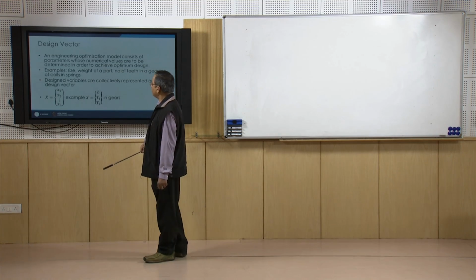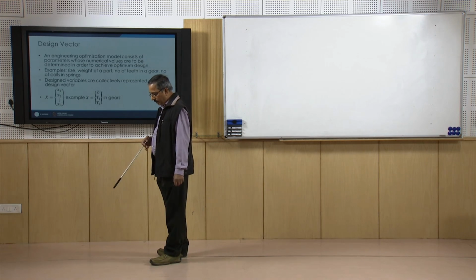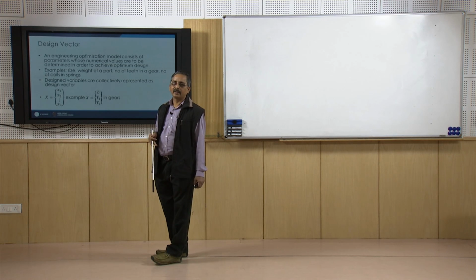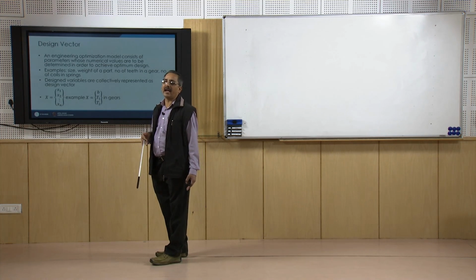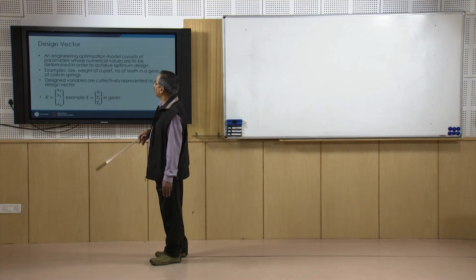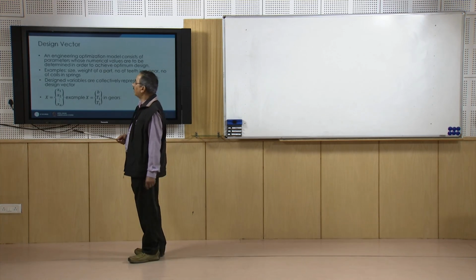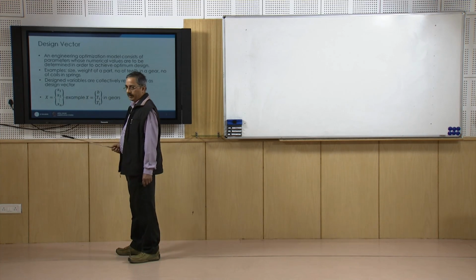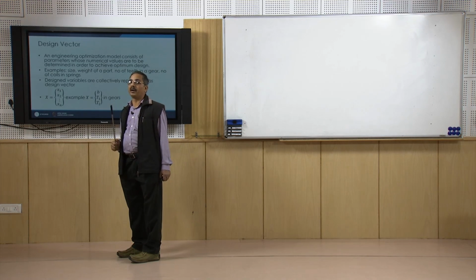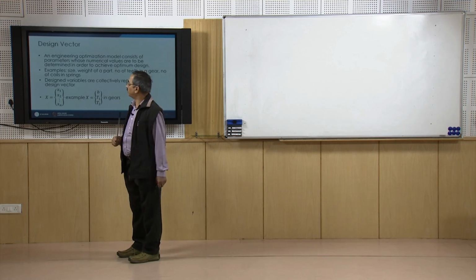Now, let us define and explore the variables and parameters associated with the optimization problem. First and principal is the design vector, as the aim of the optimization problem is to find the optimal value of the design vector which minimizes your objective function.